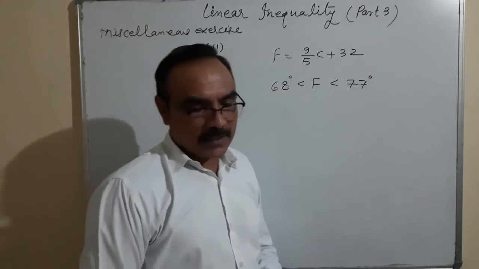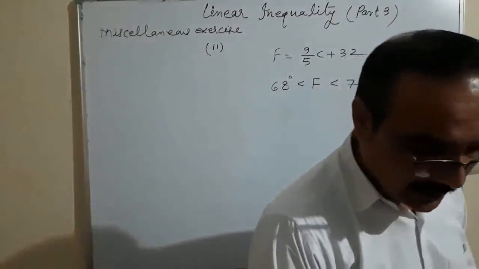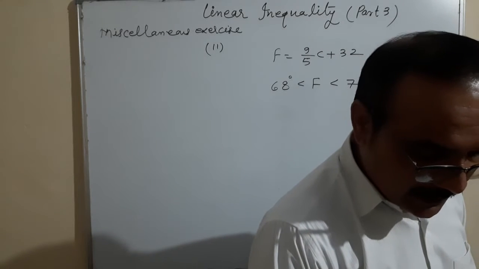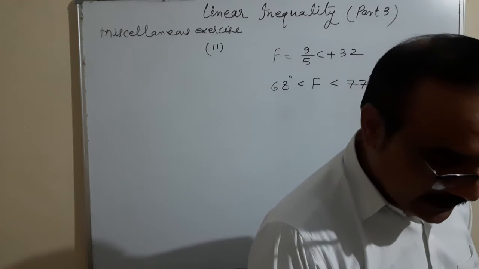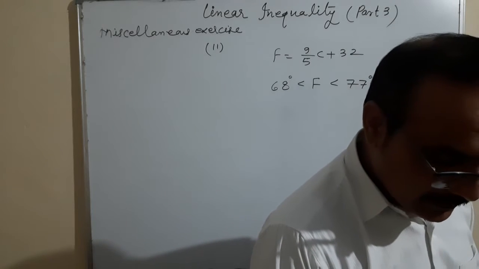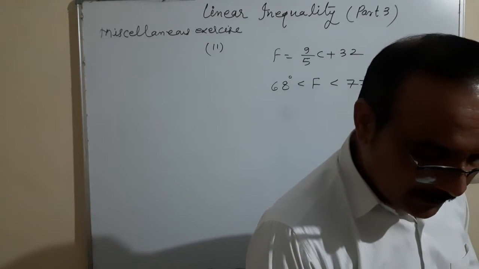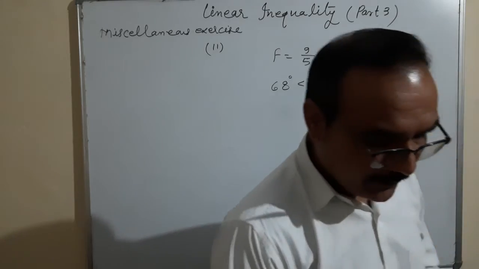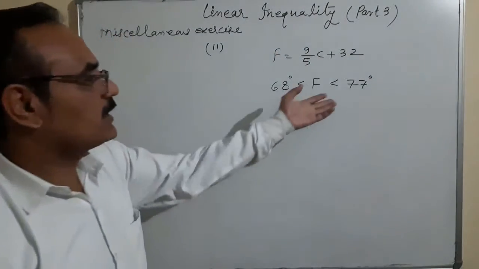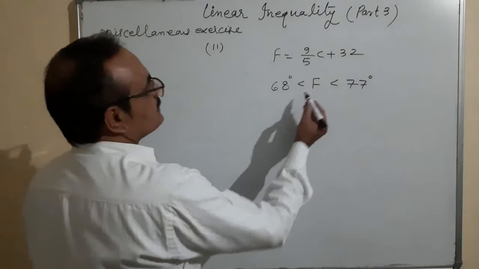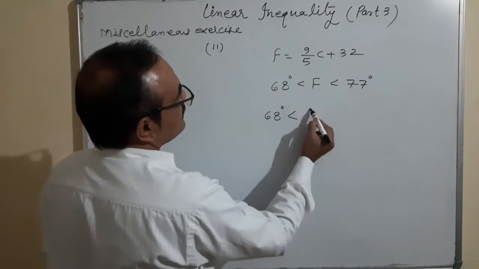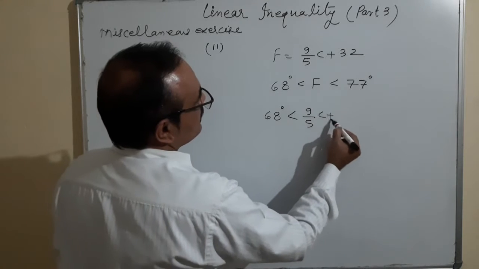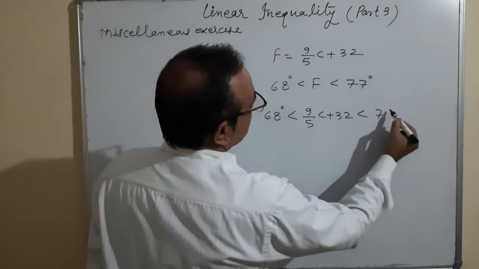We are going to find the range in degrees Celsius. The conversion formula is given by this, so nothing more to do in it. Simply, 68 is less than F, which is 9 upon 5 C plus 32, which is less than 77.